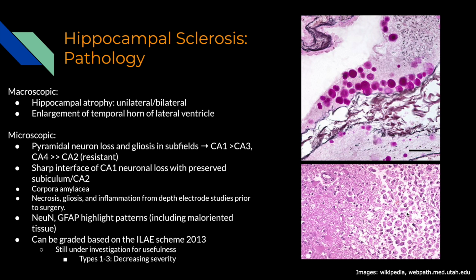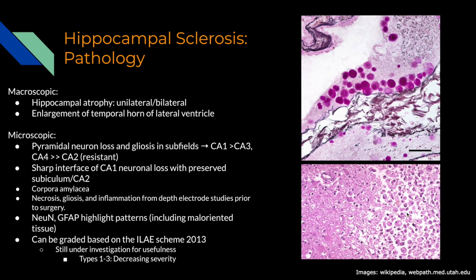When you see this, you want to make sure you go back to the clinical history and make sure there were no electrodes placed in this patient prior to surgery. They usually put some of these electrodes to better map which areas are part of the epileptogenic focus, so they can minimize a resection of normal areas that are not contributing to the epileptogenic components.